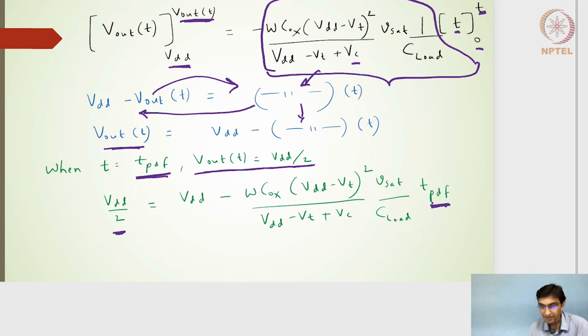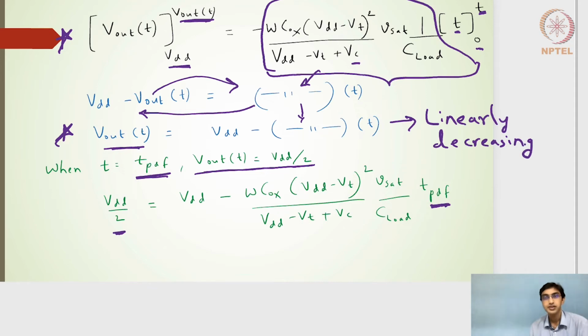Right, and to make it very clear, if I look into this particular expression, V out is equal to VDD minus the constant values into t, what it says is, it is a linearly decreasing profile with respect to the time, right? So there is no exponential profile here.